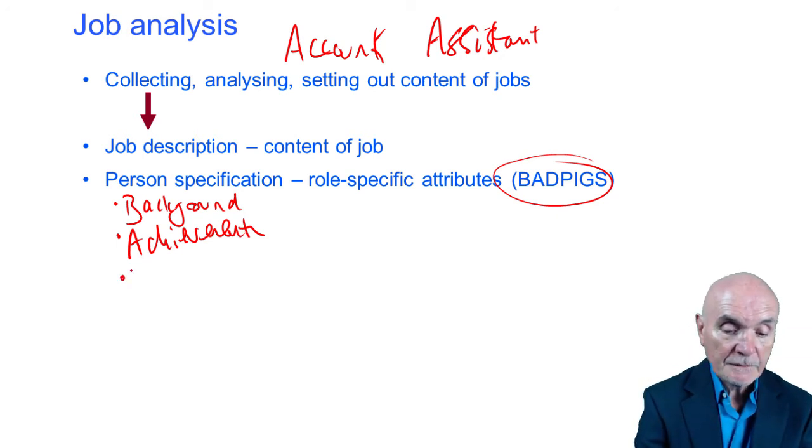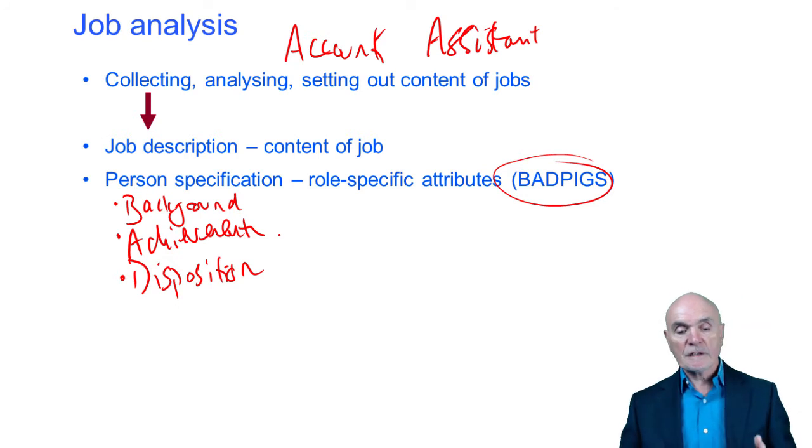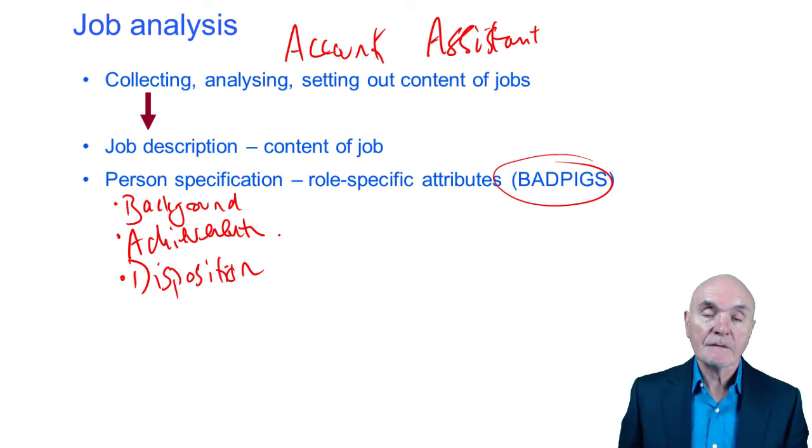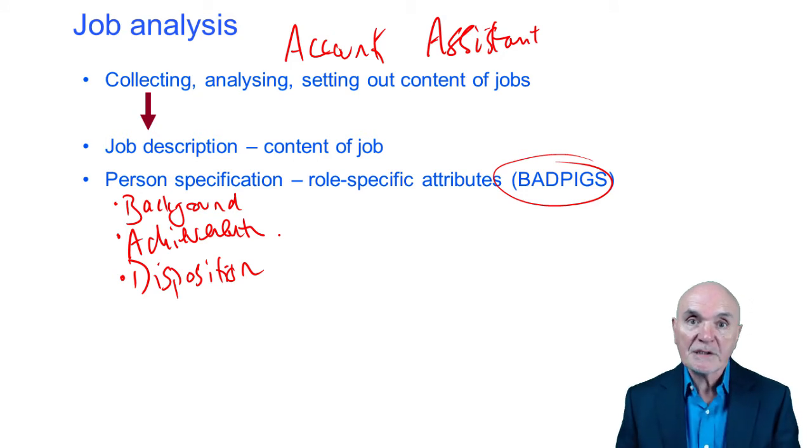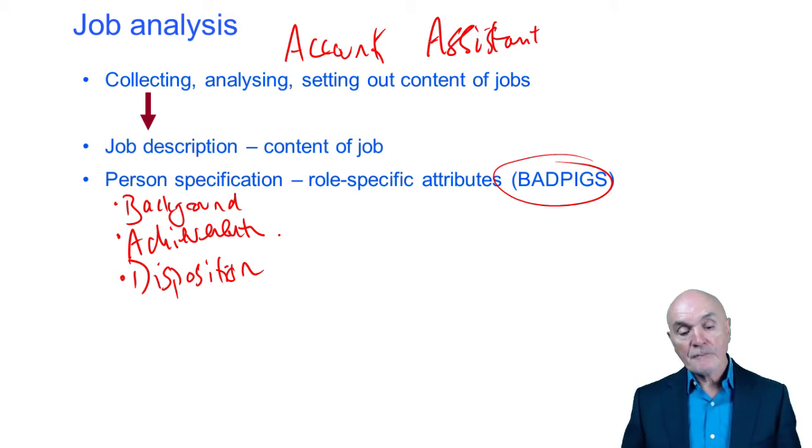D is disposition. So this looks at maybe how cheerful the person is, whether they seem to be somebody with a bit of ambition and the like.